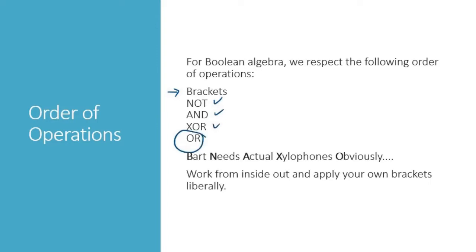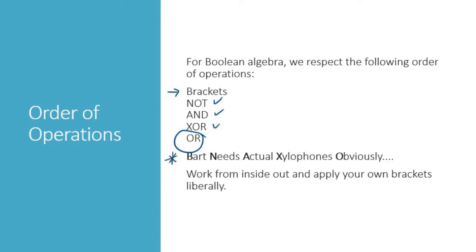So with those brackets, we're going to work from the inside out. And if you're not super comfortable with the order of operations to begin with, it's helpful to write them down and then apply brackets so that when you look back at your original problem, it's easy for you to remember what order to do them in.